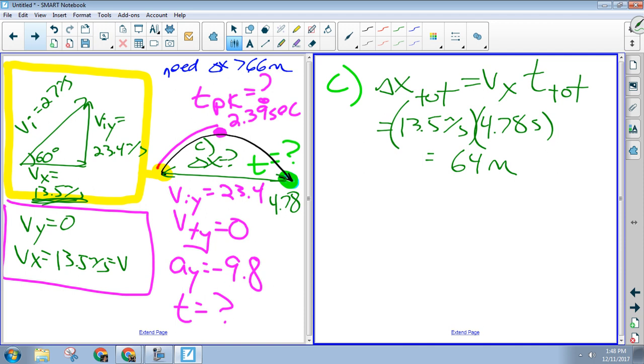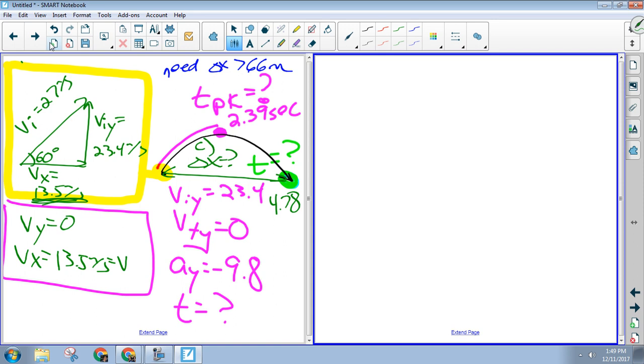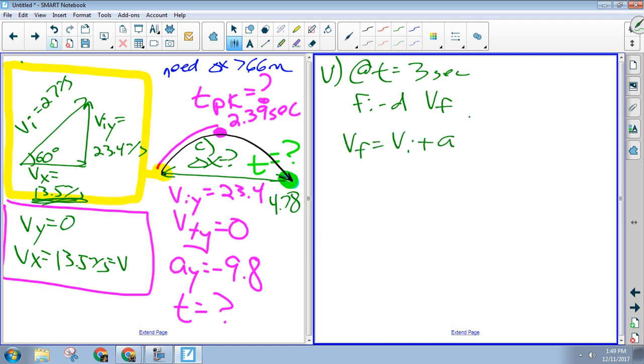Roman numeral 5 wants to know the velocity after 3 seconds. So at t equals 3 seconds, find Vf. Now here's the common mistake. Can I just do this and be done?